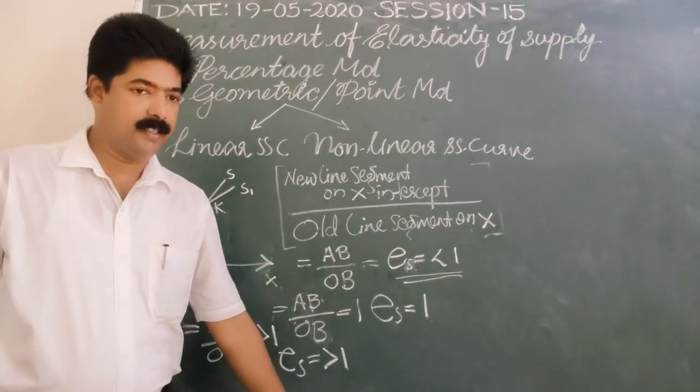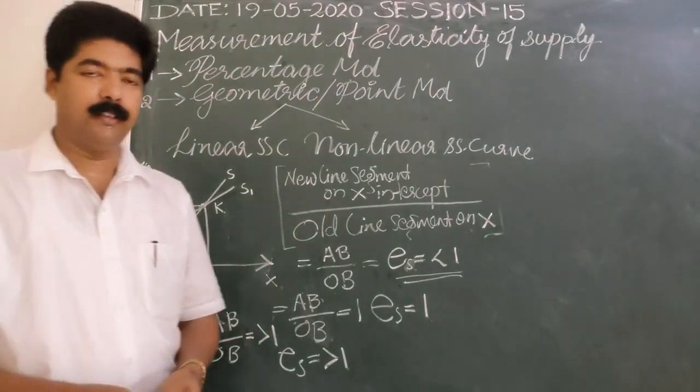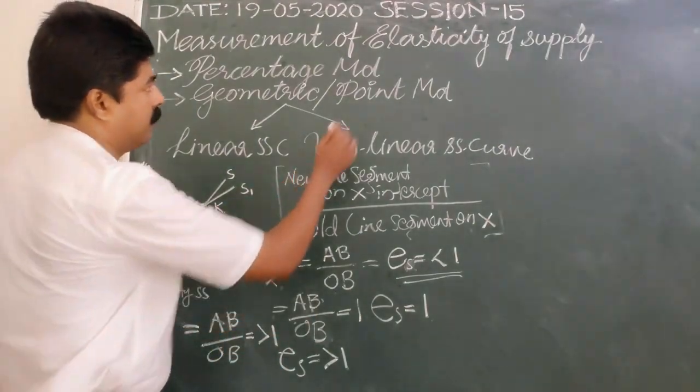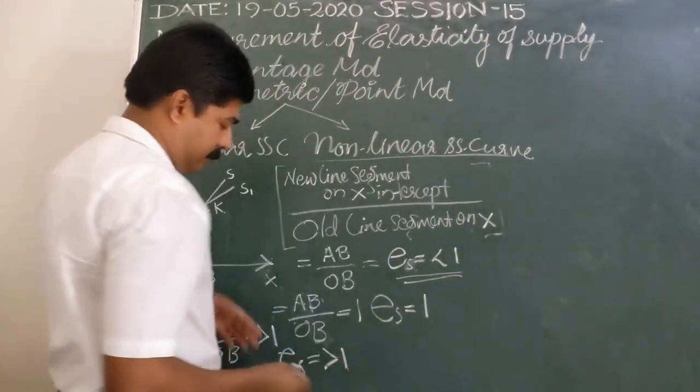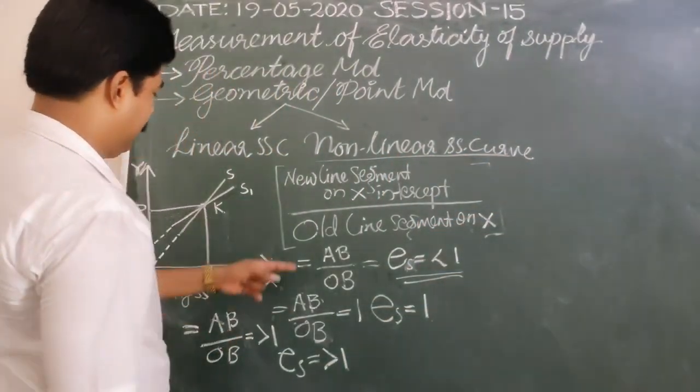Yes, my dear friends, I think you have completed. Now we will see one more thing, calculation of elasticity by a non-linear supply curve. Very simple it is. Before that, let me rub it.